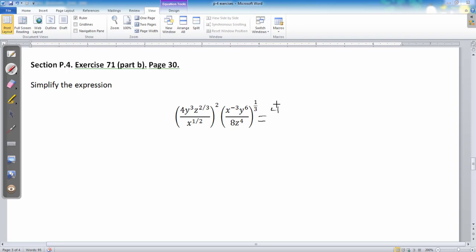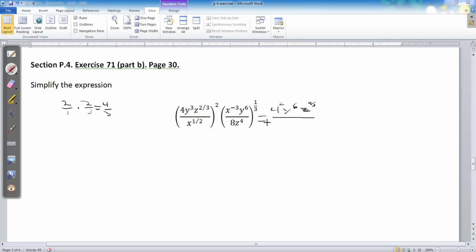So 4 to the 2, y to the 6th, z to the 2/3, so I'm going to have to multiply 2 over 1 times 2 over 3. That will be 4 over 3. So that will be z to the 4/3 over 2 times 1/2.